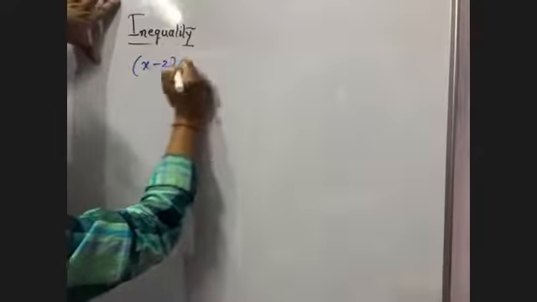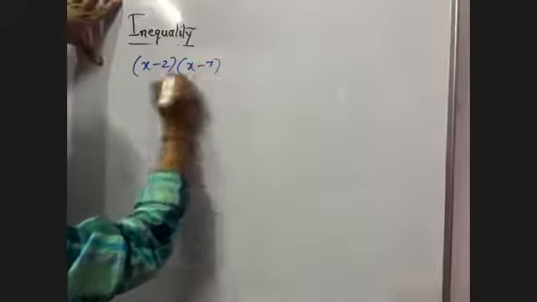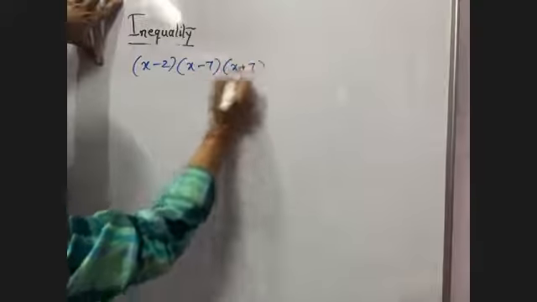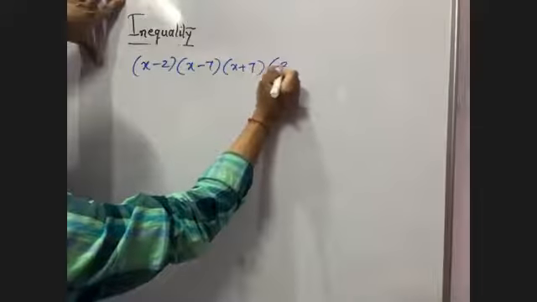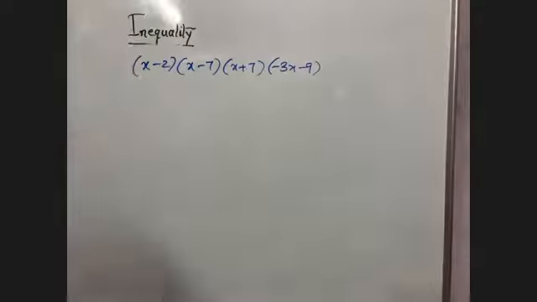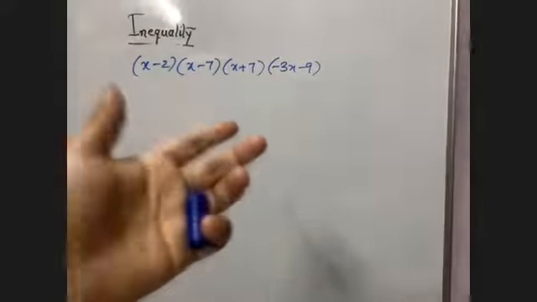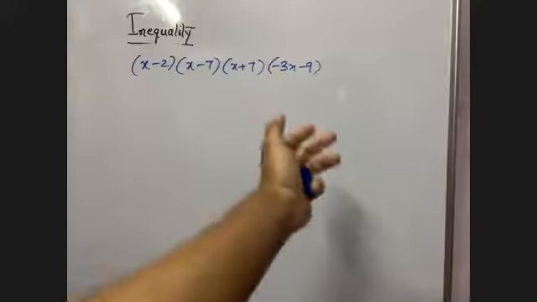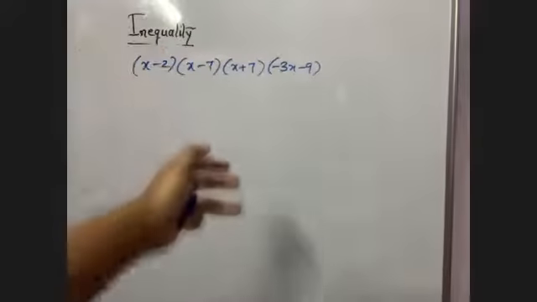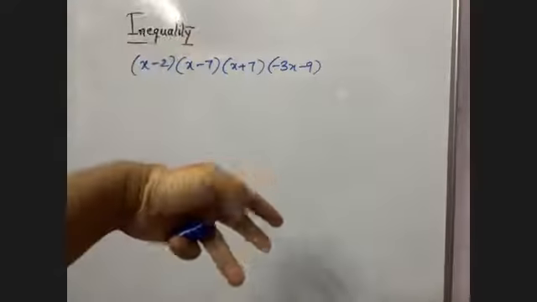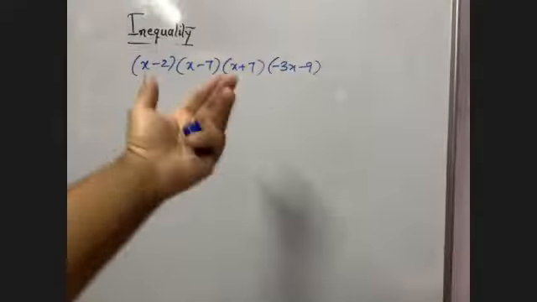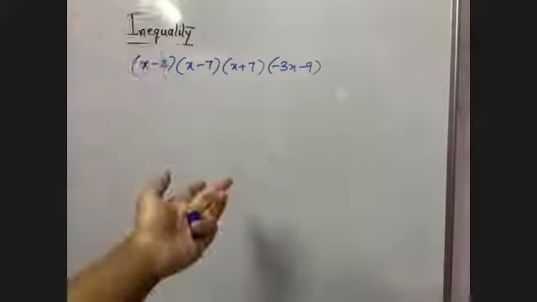Suppose, for example, there are four factors: x-2, x-7, x+7, and -3x-9, something like that. Just think how typical it would be to plot everything on the number line, then check everything, making 4 cases, 5 cases, 6 cases. How much time will it take?